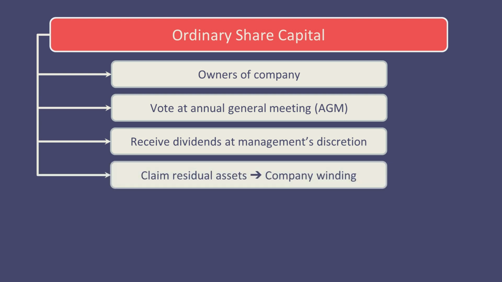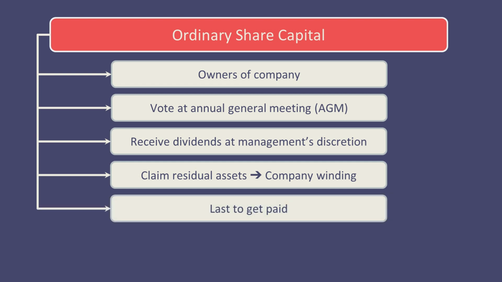Ordinary shareholders are entitled to the residual share of the company's assets based on their shareholding when it is being wound up. In this event, shareholders are the last to get paid, therefore take more risk. Ordinary shareholders will also be paid their dividends after the preference shareholders.